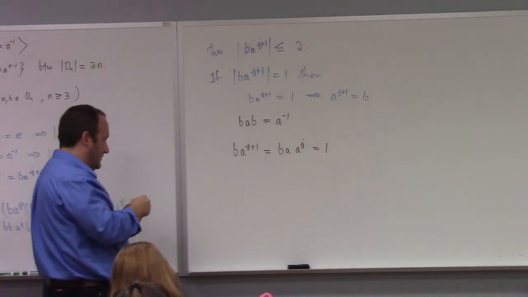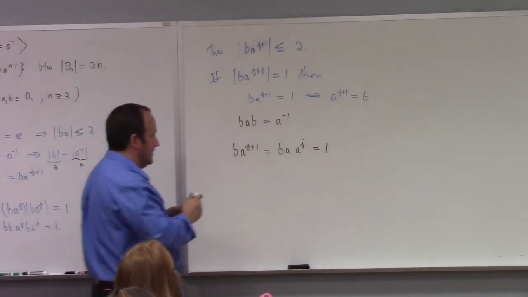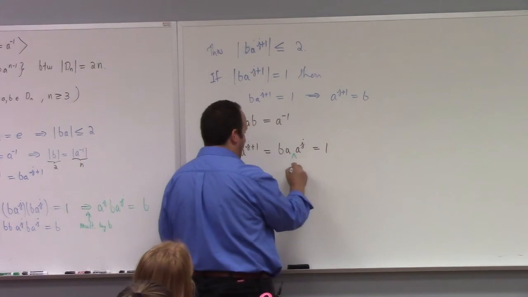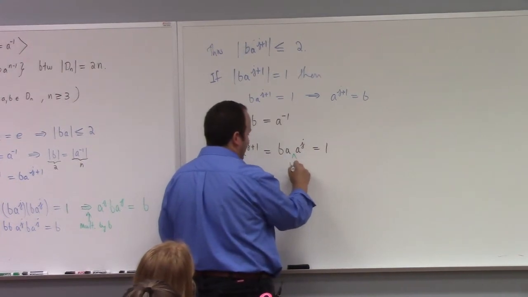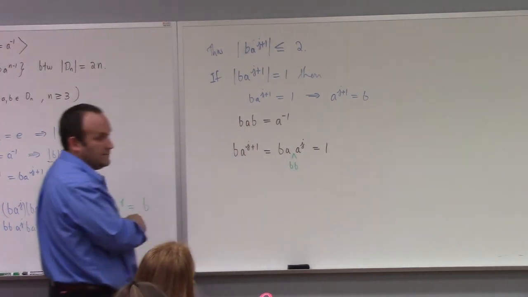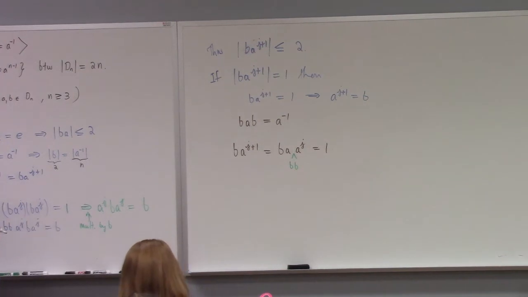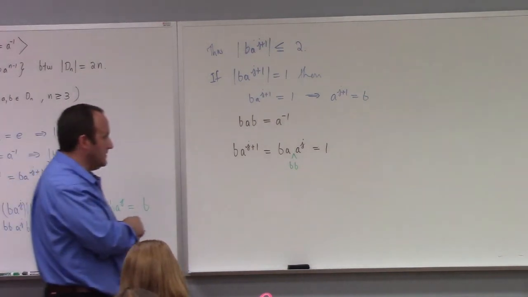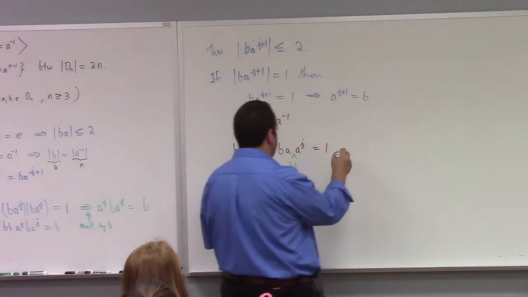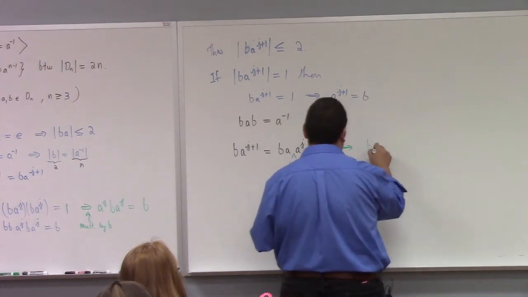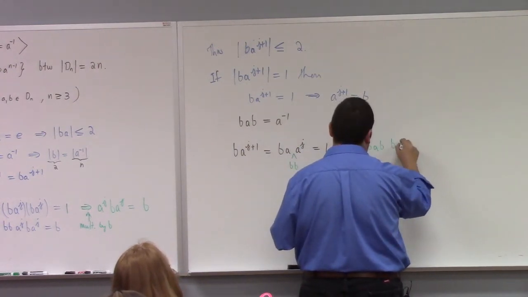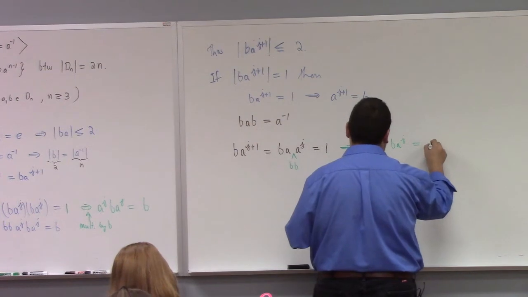And then I'm going to stick in a copy of BB, I'm not sure this is going to help or not, I'm just trying something, guys. I can do that because it's identity. So I get b a to the j equals a inverse, right?